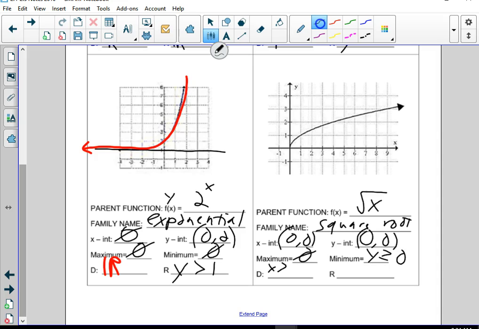So x has got to be greater than or equal to 0. And then the range is going to be y is greater than or equal to 0. Actually, I'm sorry. For the minimum, we should just put 0. That's what I told you.